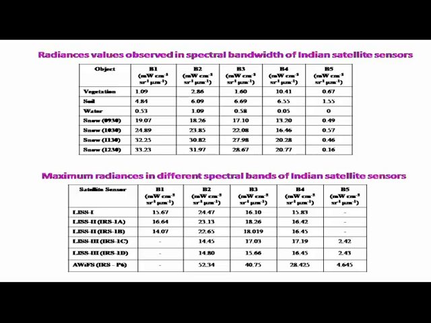So all these sensors up to LISS-3, their bands were saturating in the case of snow. But in the case of AWiFS, the IRS-P6 sensor, its maximum radiance is higher than whatever we have observed for snow in the field. So sensor saturation was one of the problems in the case of snow in the earlier sensors, but now, like in AWiFS, this type of sensor saturation problem is not there.